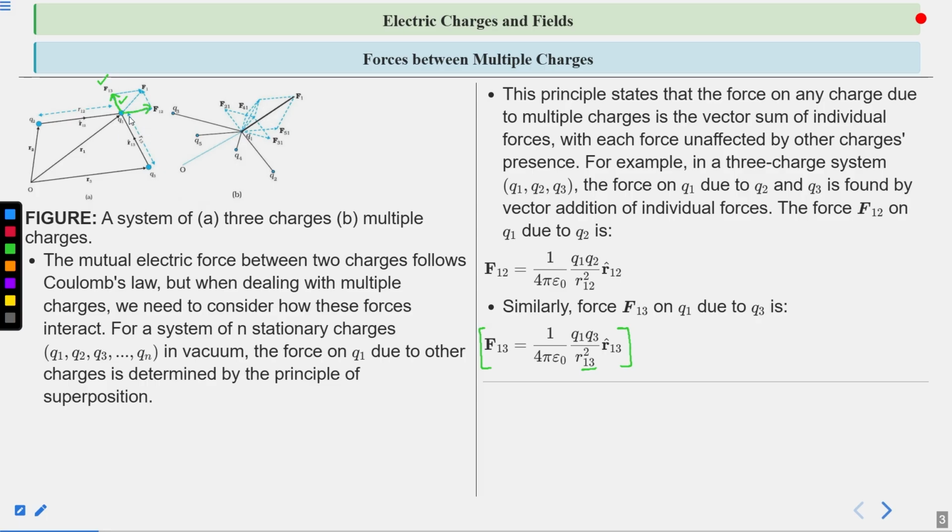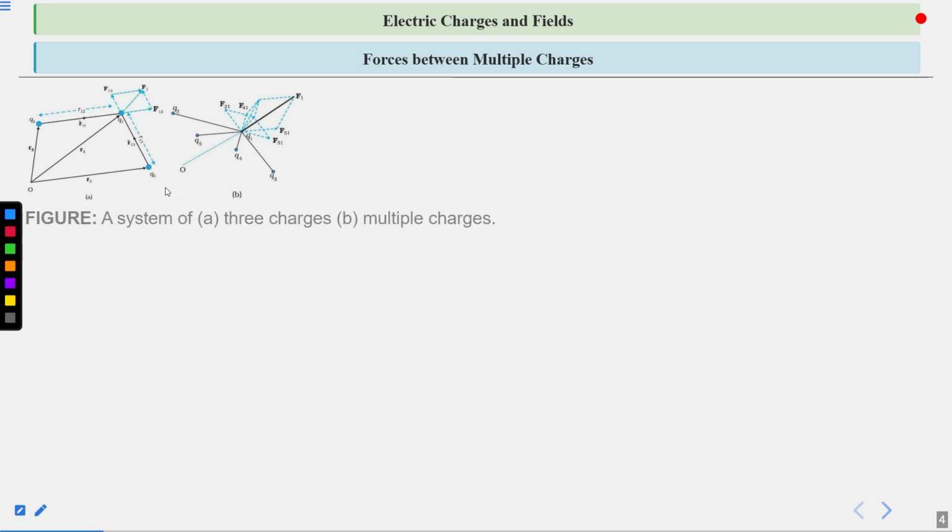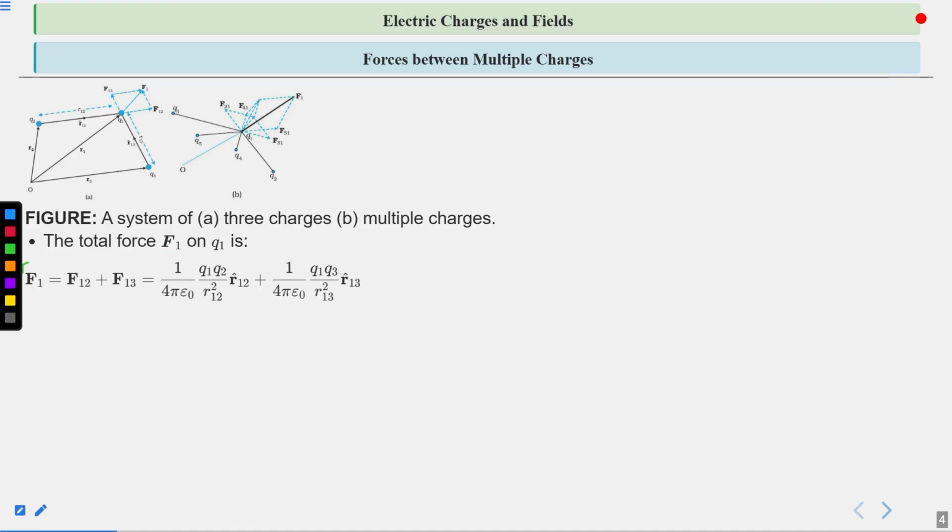Now what will be the net force on the charge Q1? The net force on charge Q1 is F1. F1 is the net force, the vector sum of individual forces on a single charge. So for a system of three charges, the total force F1 on charge Q1 is the vector sum of individual forces.